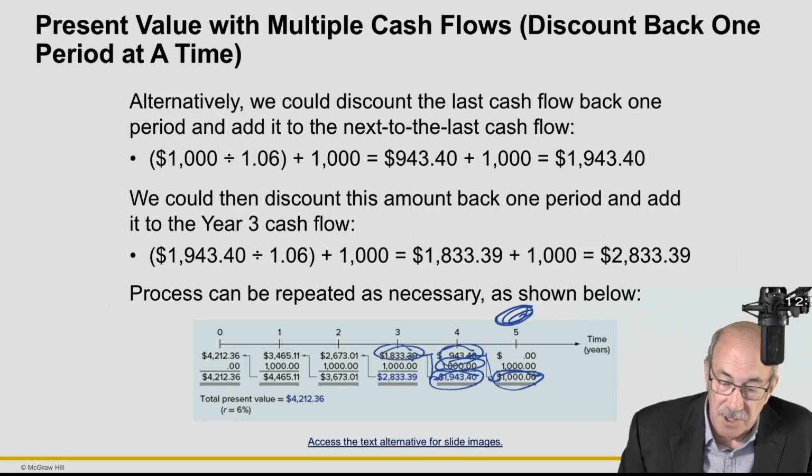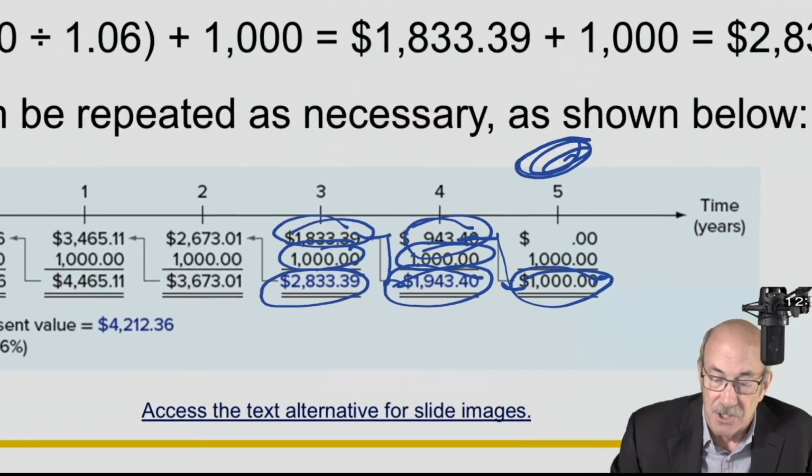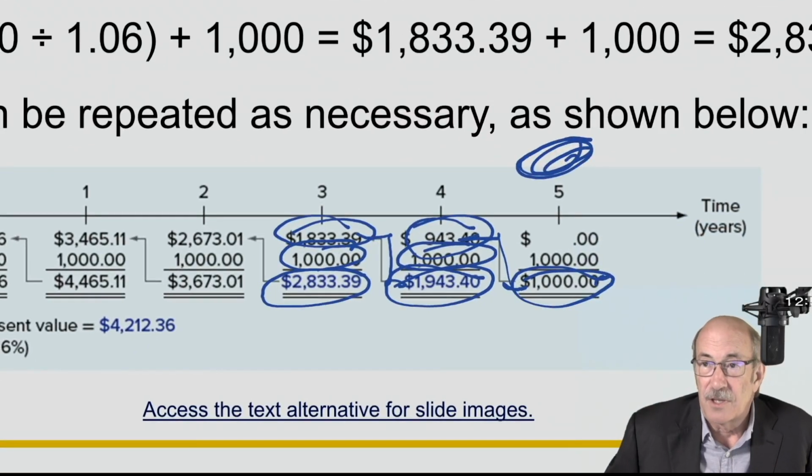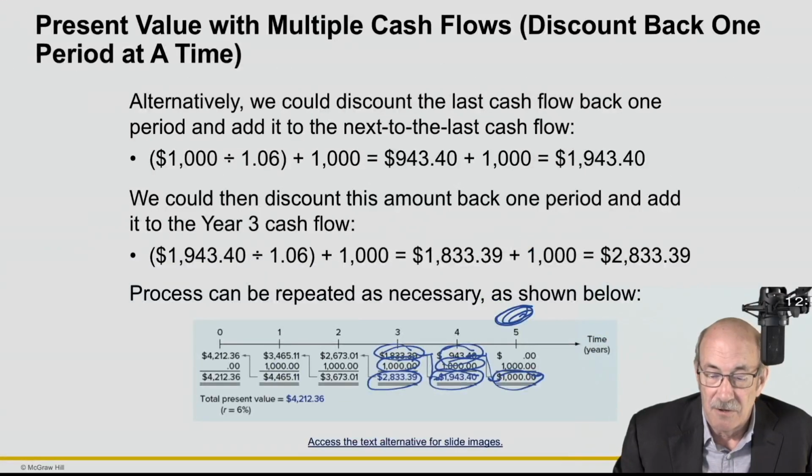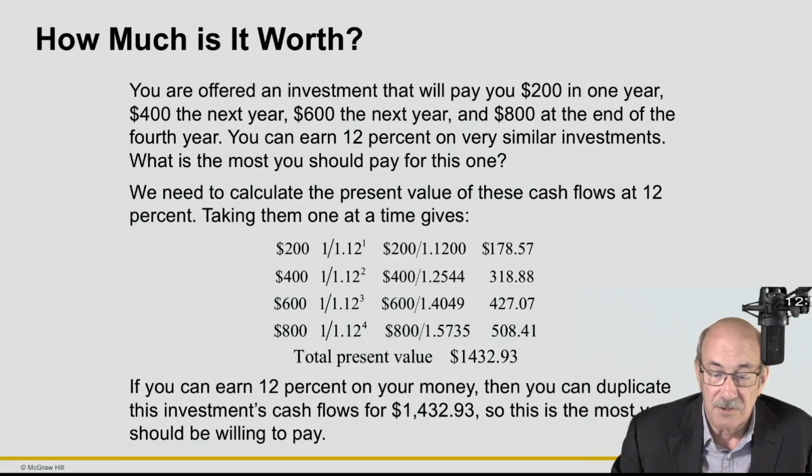We add to it the additional 1,000, we get $2833.39, and so forth. You get the general idea. I think this is probably repetitive enough that hopefully by now you are seeing kind of how things function.